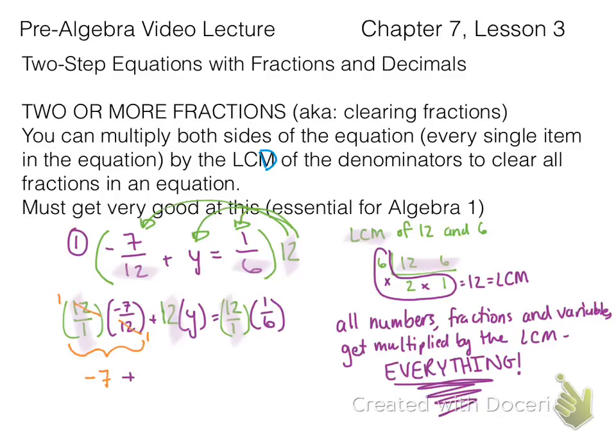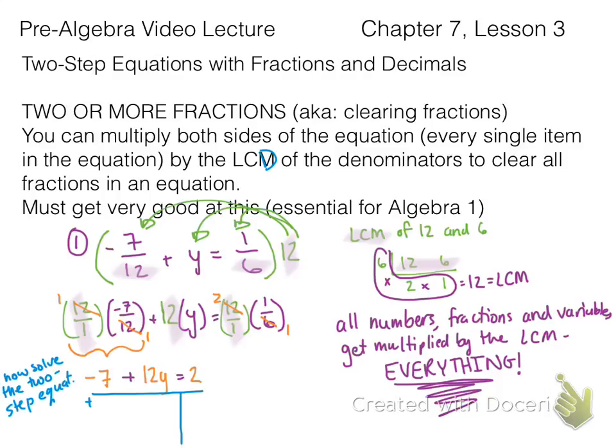So the 12 over 1 times negative 7 over 12 equals negative 7. It's pretty cool. And then I have 12 times y, which is just 12y. And then I have 2, because 12 times 1 is 12, 1 times 6 is 6, and 12 divided by 6 is 2. There we go. All right, and now I'm ready to just solve the two-step equation.